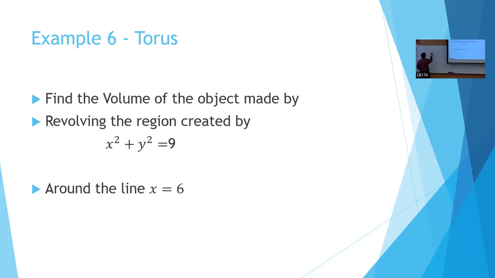And we're going to rotate it around the line x equals 6. Again, this thing's called a torus.